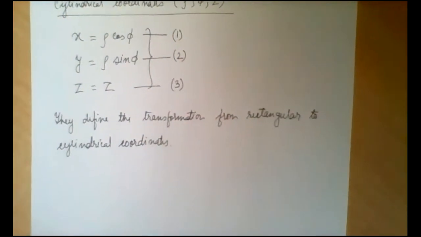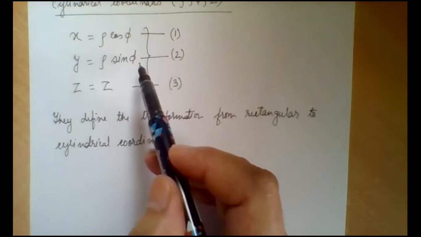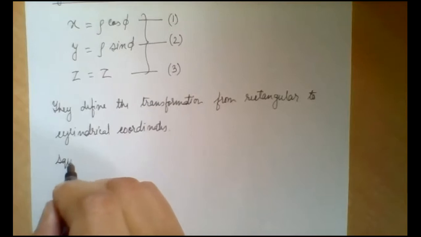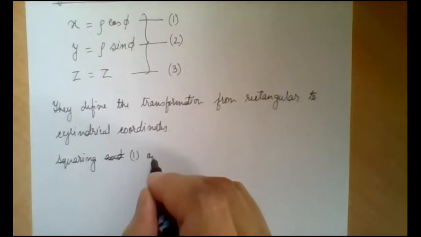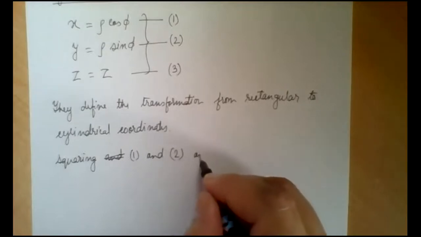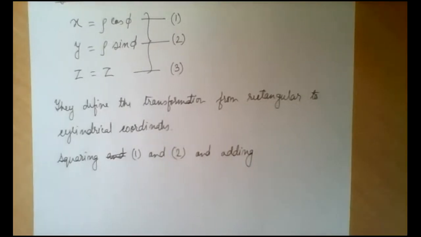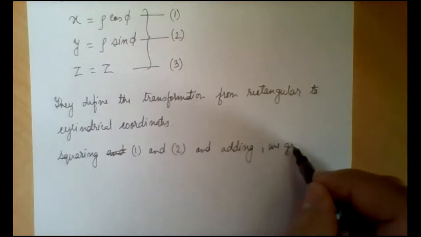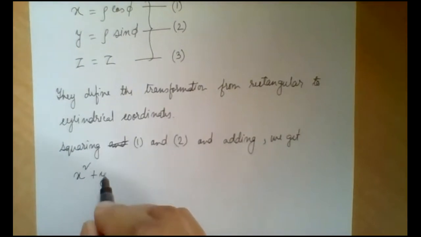If you take the square of equation 1 and the square of equation 2 and add them, the left hand side will be x square plus y square.